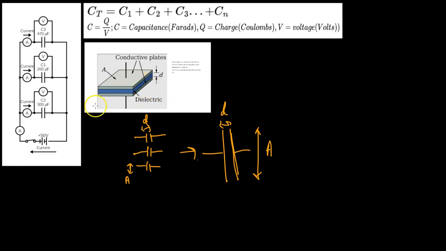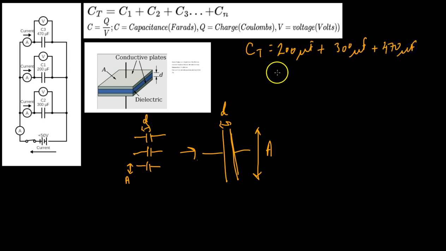So let's actually show it using this example here. The capacitance total here would be C1, which is 200 microfarads. I've mislabeled the slides, the figures. 200 microfarads capacitor 1, 300 microfarads capacitor 2, and capacitor 3 has 470.